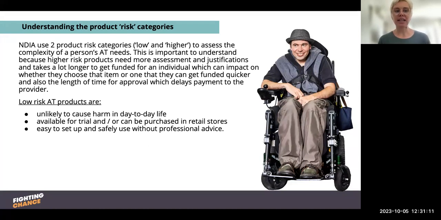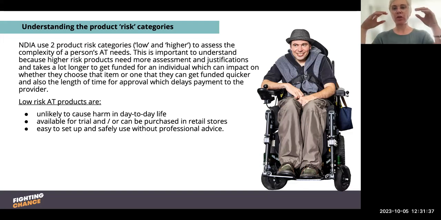It's important to understand because the higher risk products need more assessment and justification, and that takes longer to get funded for an individual, which can impact on whether they choose that item, or one that can be funded quicker. And also it causes payment delays to the provider, which the provider doesn't like, understandably.